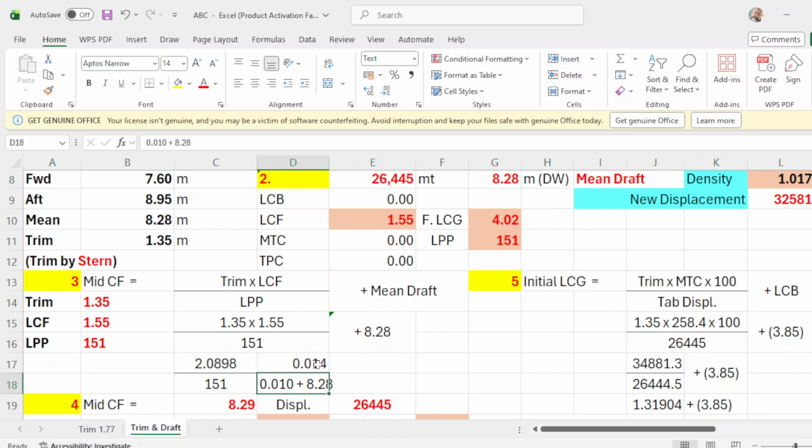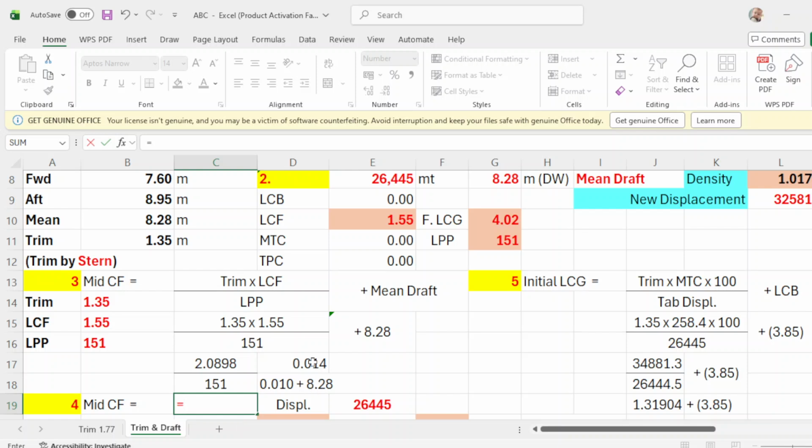Then you add this one with your mean draft. That will be this one plus your mean draft. Mean draft is this one.